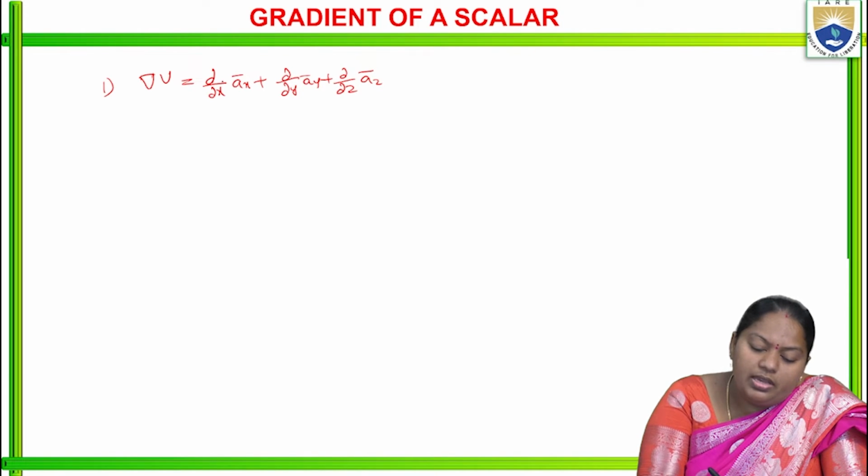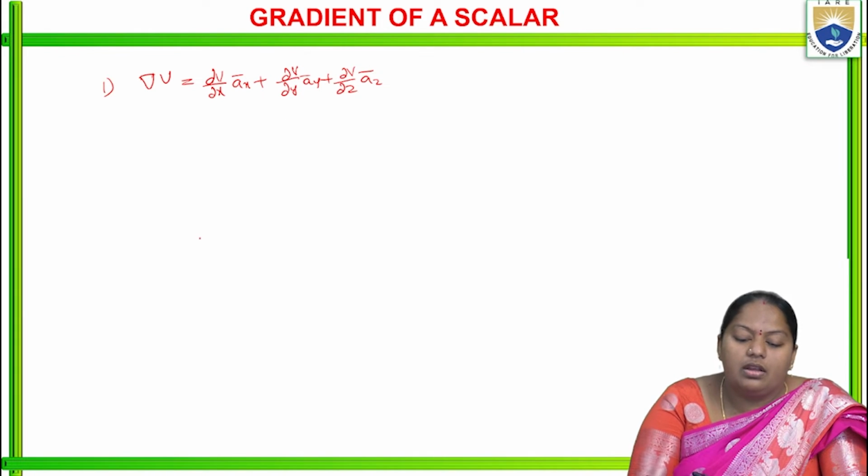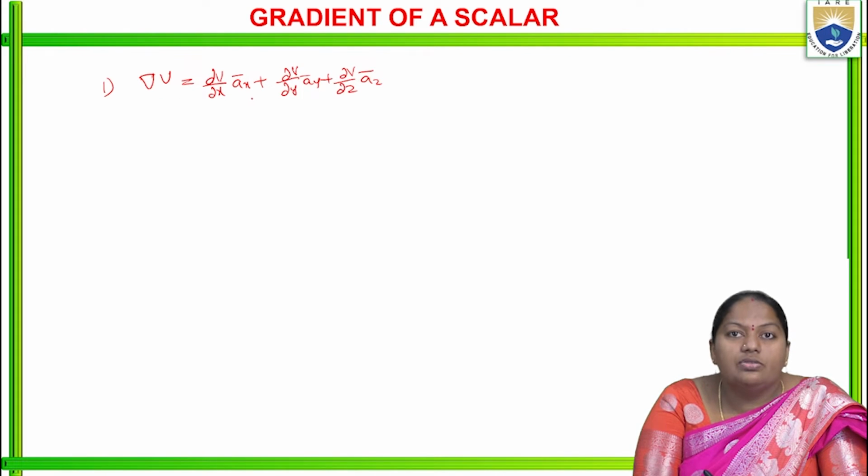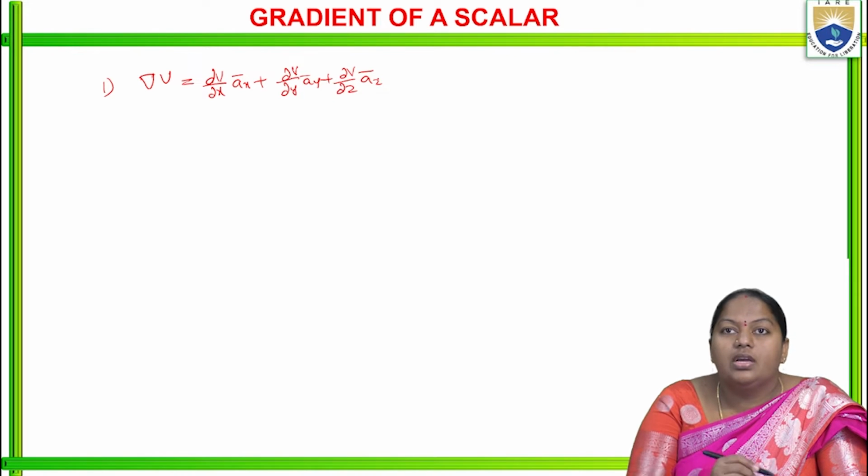And in place of what we are differentiating, we substitute the scalar, given as V. Hence del V can be written as dou V by dou x into ax plus dou V by dou y into ay plus dou V by dou z into az.